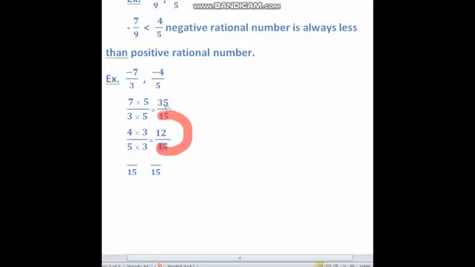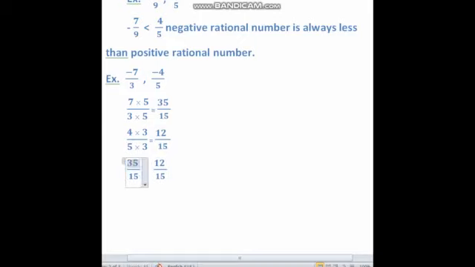Now we can compare the numerators. The numerators are 35 and 12. Let me write it like this: 12 upon 15 for the second rational number, and 35 upon 15 for the first rational number.